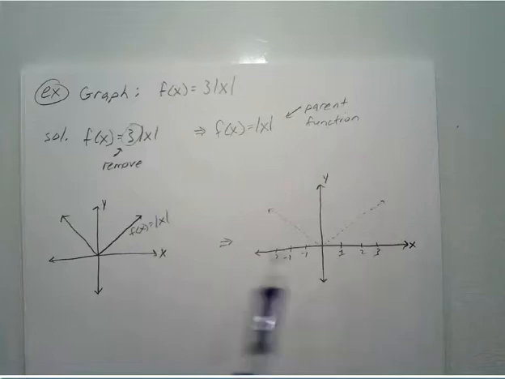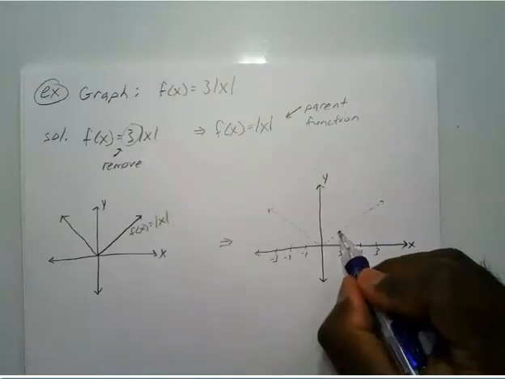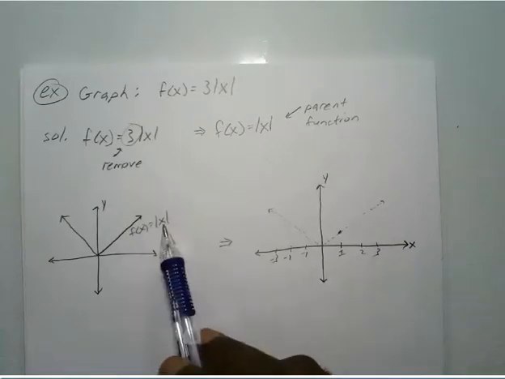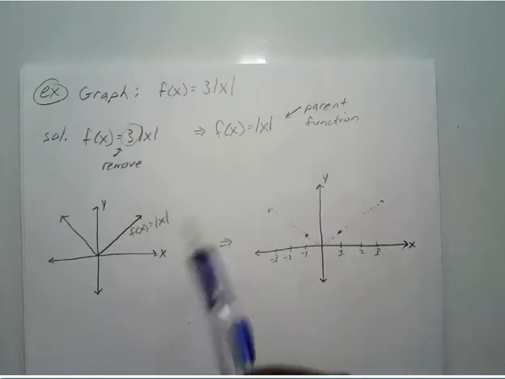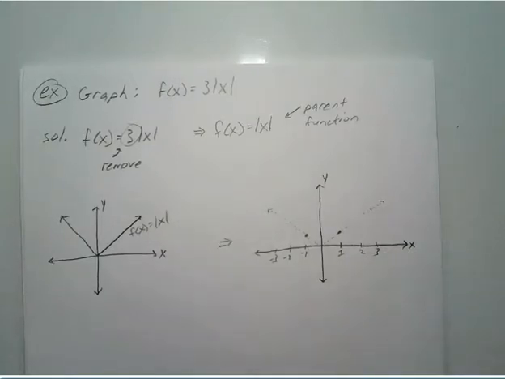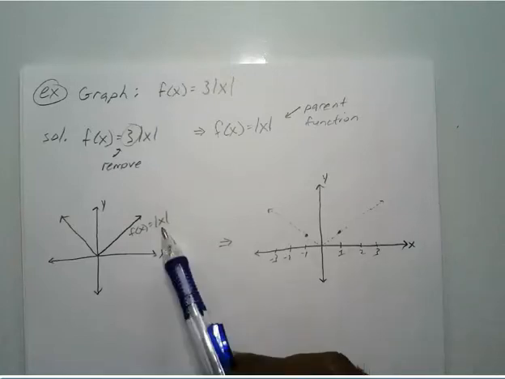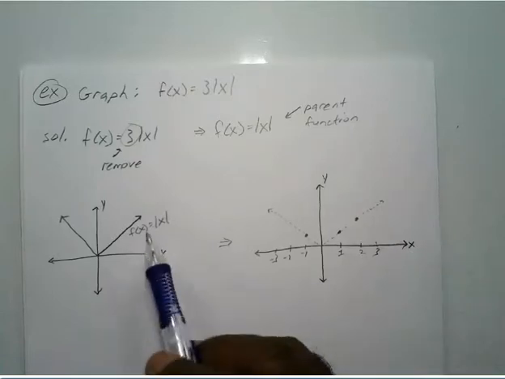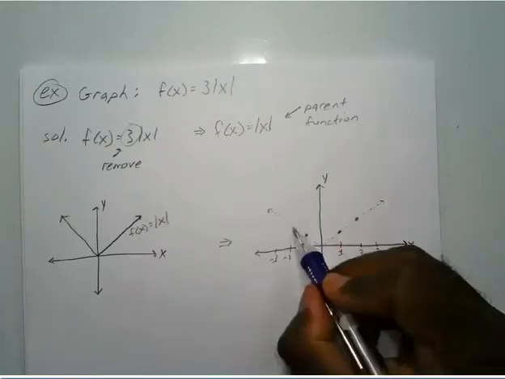Okay, when x is equal to 1, absolute value of 1 is 1. So we'll say this is 1. When x is equal to -1, absolute value of -1 is 1 rather, not -1. Okay, so when x is equal to 2, absolute value of 2 is 2. So your y is going to equal 2. But when x is equal to -2, absolute value of -2 is still +2.